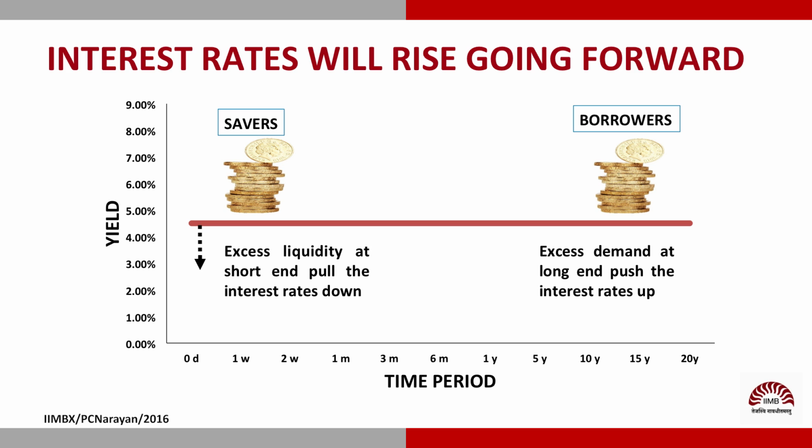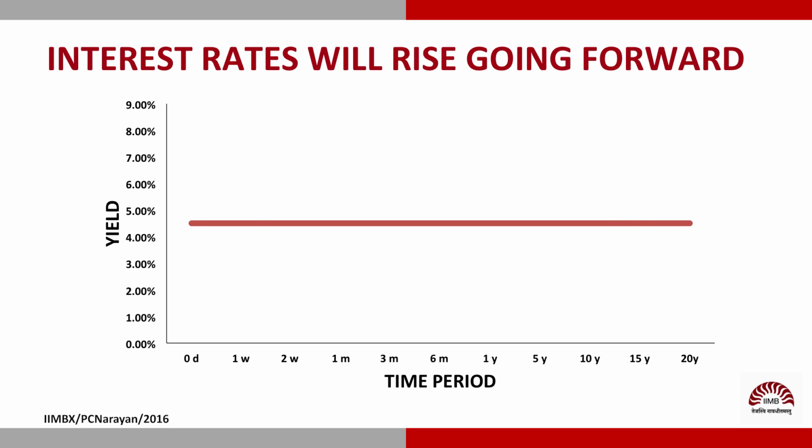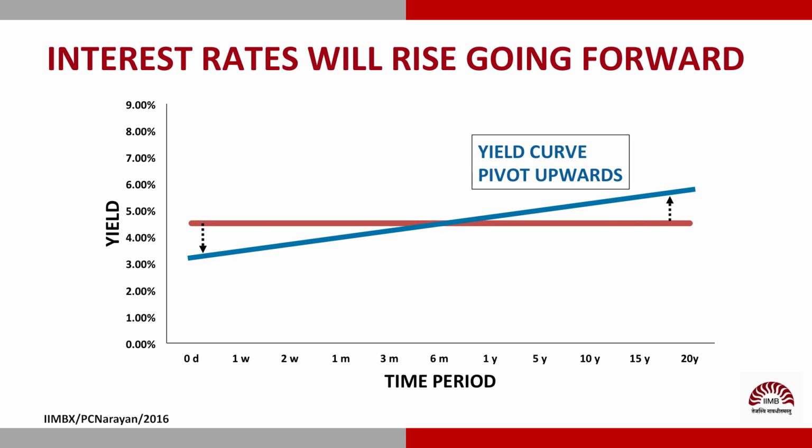What does this do? The demand for funds at the longer end of the yield curve will go up. Therefore, the yield curve will pivot upwards at the longer end. As a net result, what was a flat yield curve when we started would become upward sloping. The situation will be the exact converse if the expectation is interest rates will fall going forward.